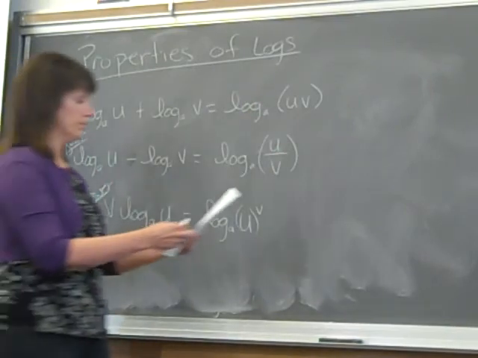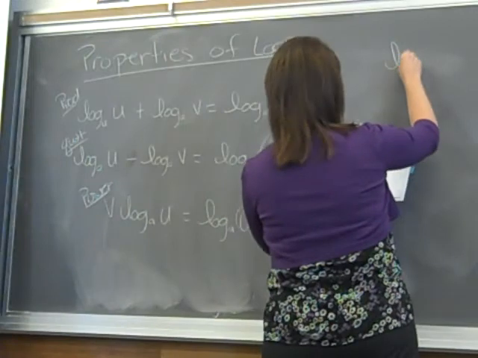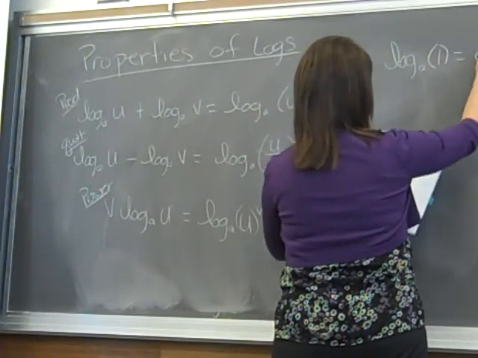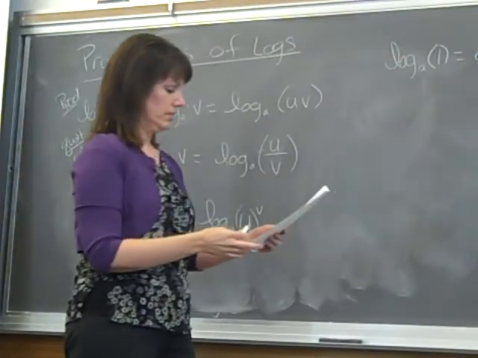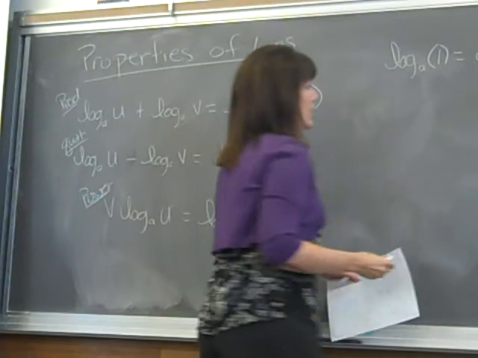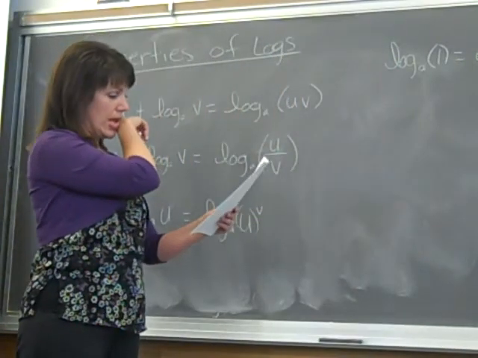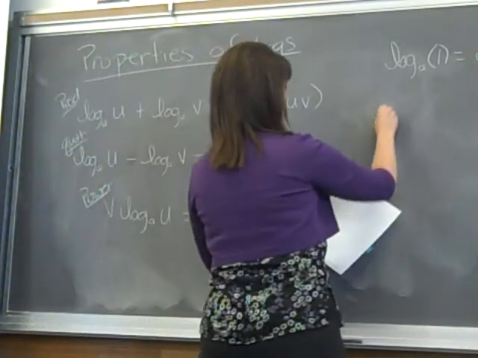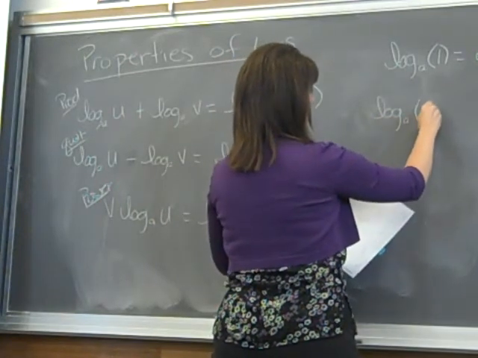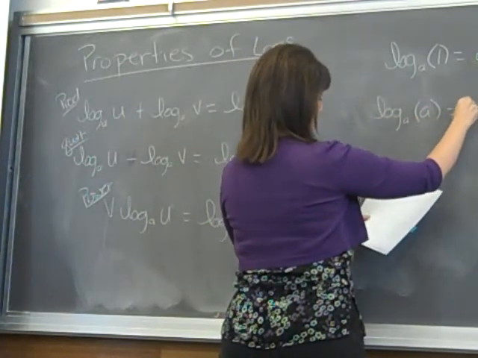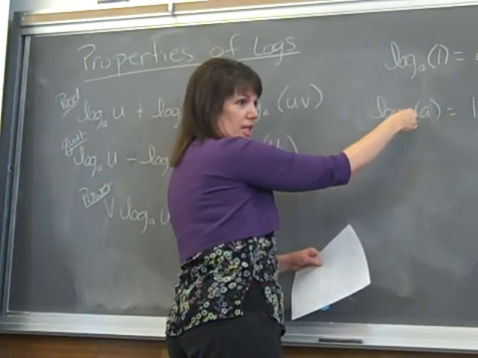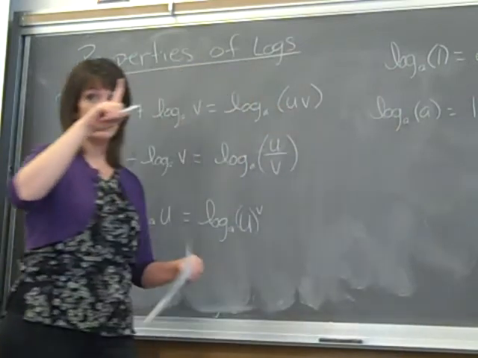Okay? So here we go. A couple more rules. Log base A of 1 equals, no, equals 0. Sorry, guys. It equals 0. Log base A of A equals 1. So if you have a base and an argument that are the same, it's just 1.